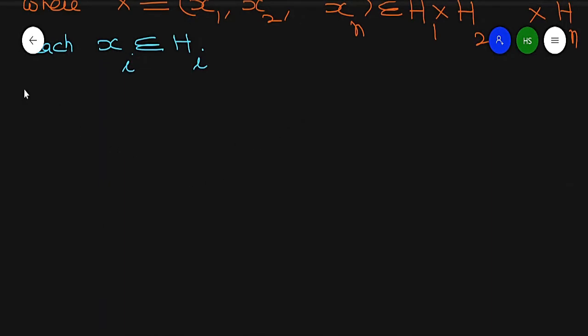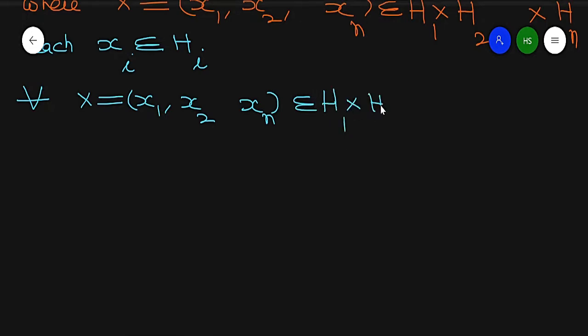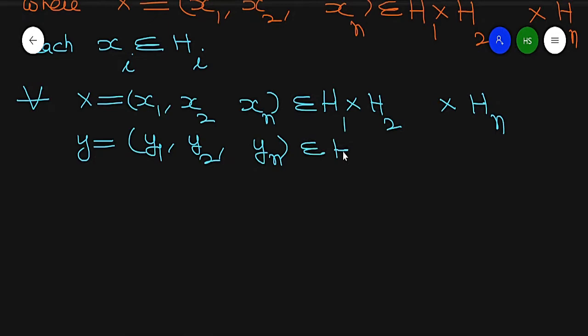So I take x which is equal to x1, x2, xn. This element belongs to H1 cross H2 so on up to cross Hn. Similarly, y which is y1, y2, yn, and this belongs to H1 cross H2 cross Hn, right?